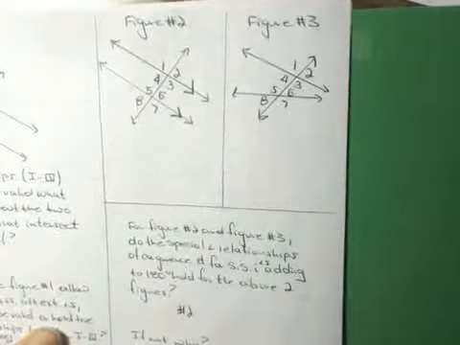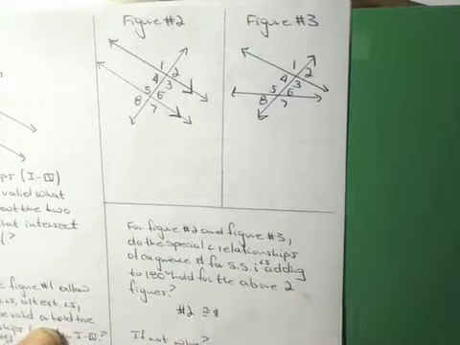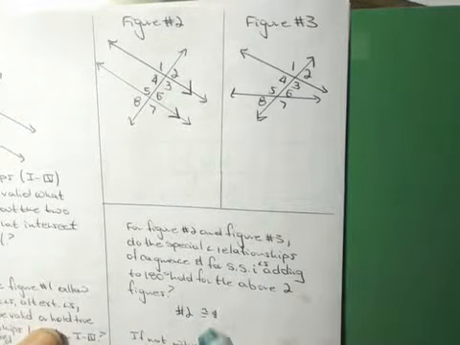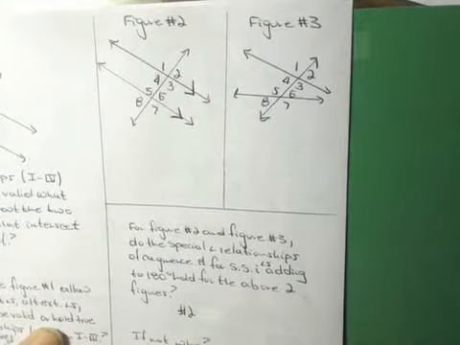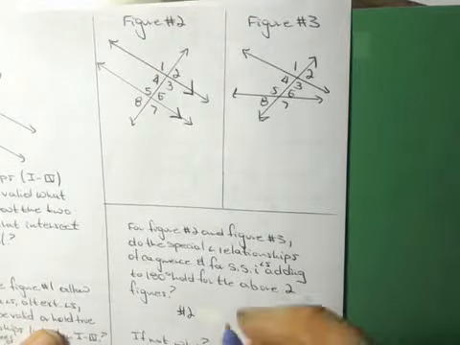So for number 2, would they hold? They would. Why? Well, we should just say the special angle properties. When we say that, we're talking about same side interior angles adding to 180, the others being congruent.